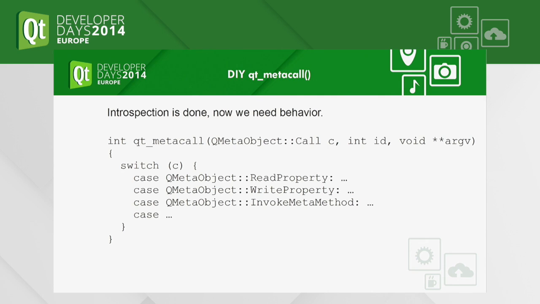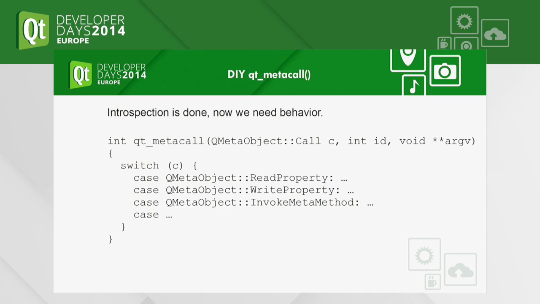As we've seen earlier, the first argument tells us the type of operation we are dealing with. We are going to look at the three most important ones here. There's actually a lot more than the ones here, but the important ones are reading a property. So this is when you call the property method on QObject. Of course we have to find out the value of that specific property and return it somehow. There's write property, which is the counterpart.